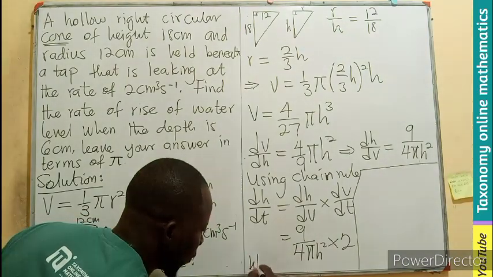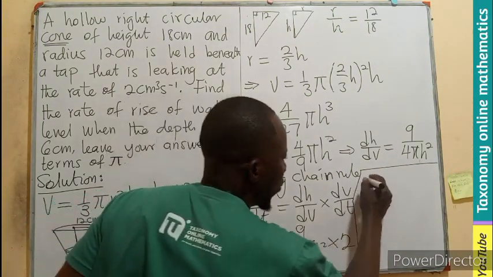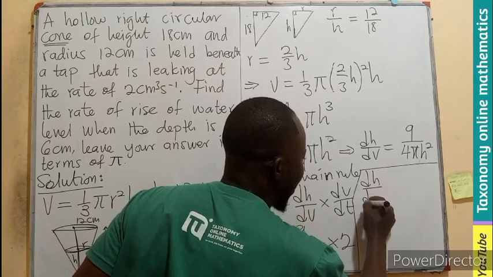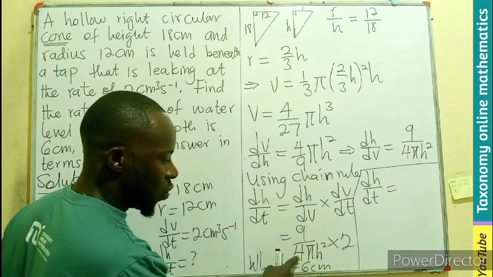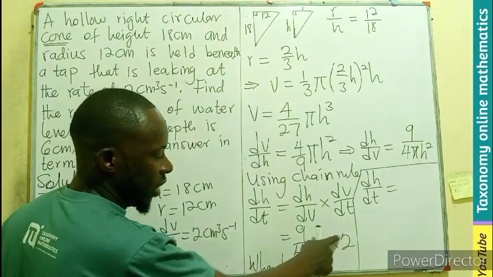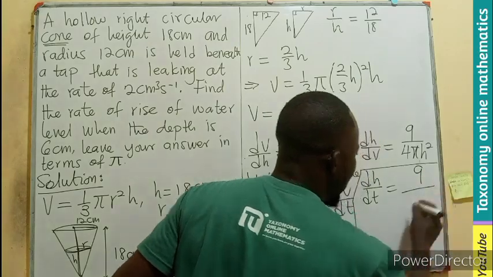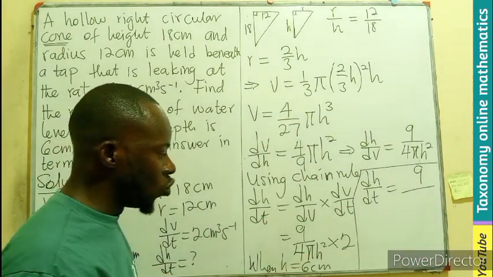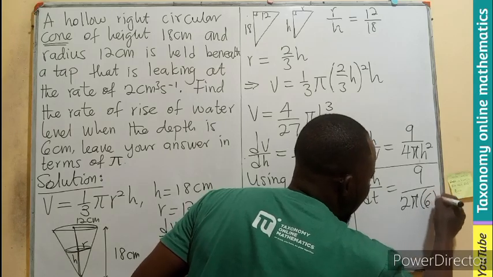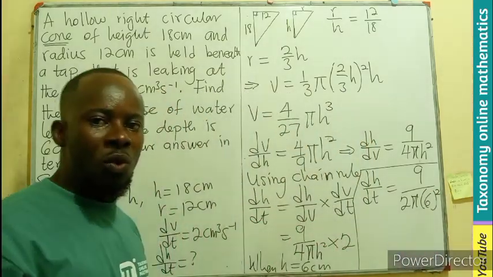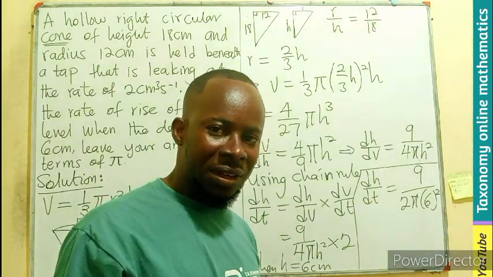So when H equals 6 centimeters, your dH over dt will be, don't forget these two will cancel this already. So 2 here, 2 here, that will be 2. So I have 9 in my numerator, then 2 pi, then times what? 6 squared. The H is squared. Then the 6 squared is going to be 36.